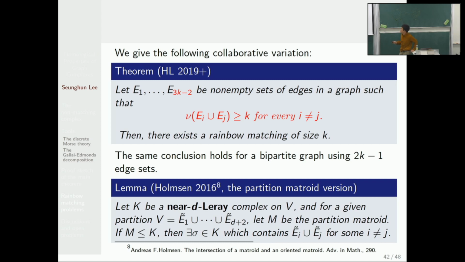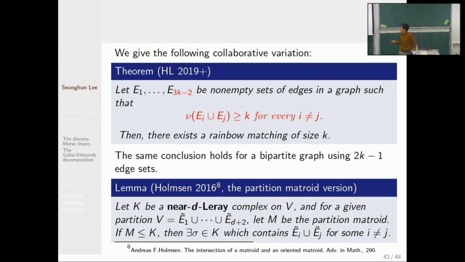Rainbow matching means a matching where each edge is chosen from a distinct edge set. The same conclusion holds for a bipartite graph using only 2k minus 1 edge sets. This can be proved by the Leray result and Aharoni-Berger's theorem, stated like this.